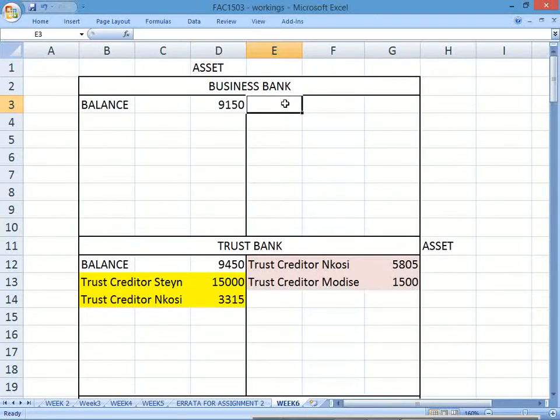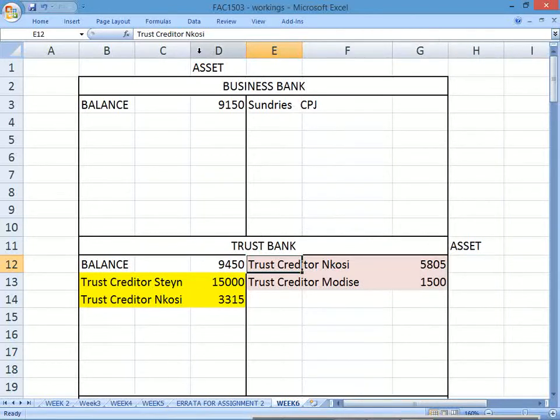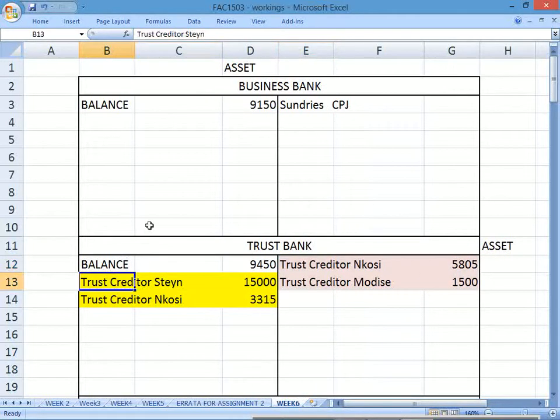Alright, so all you have to do now is just record that there. Yes, because in the other accounts you would have written the bank, exactly. Right, sundries, CPJ. We actually should have put in the folio. Okay, CPJ, the trust. So I need to make these journals, or ledgers, a little bit bigger. This I would have put trust receipts.